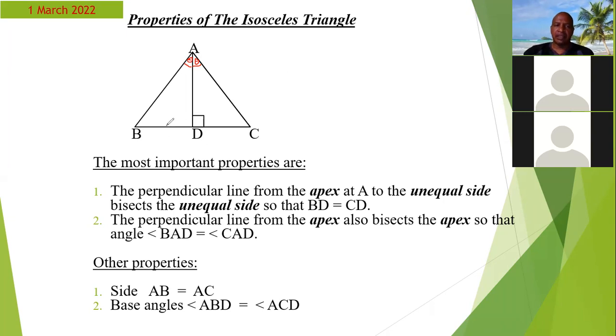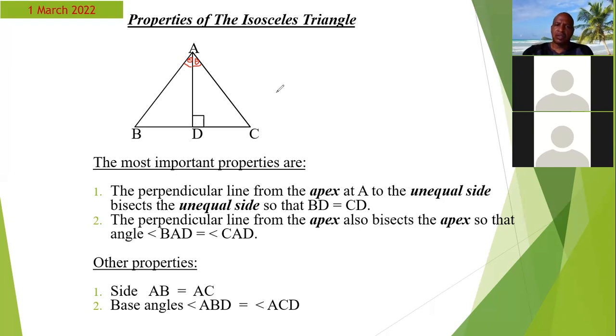Now the base, which is the unequal side, this line is perpendicular, and just to clarify what a perpendicular line is, can anybody tell me what they know about perpendicular lines? Perpendicular lines form a right angle. When we say two lines are perpendicular, what we are really saying is that when the two lines cross each other, they cross at right angle.